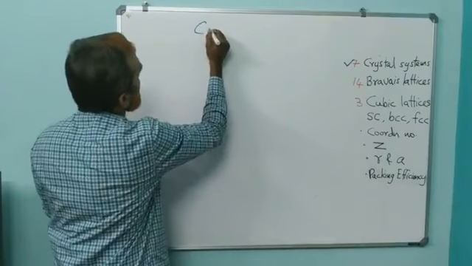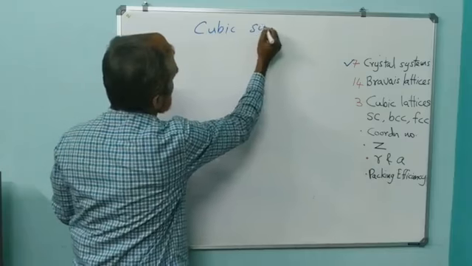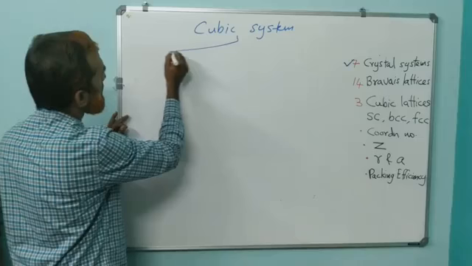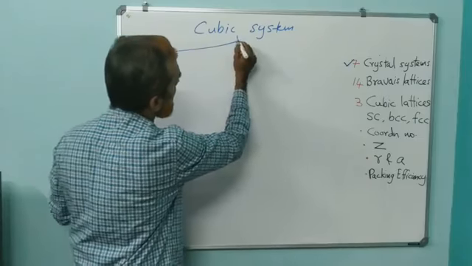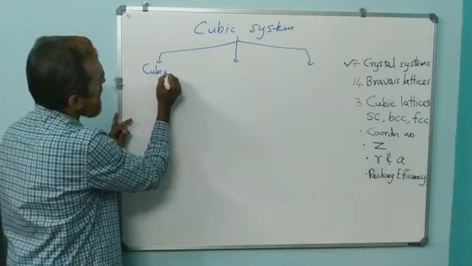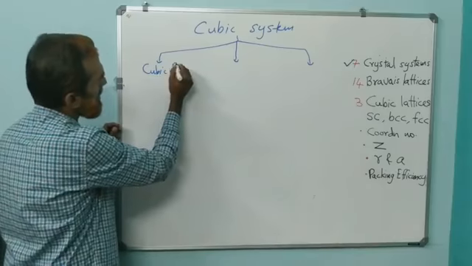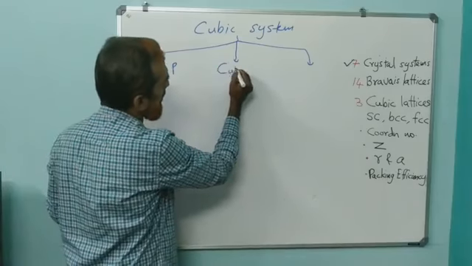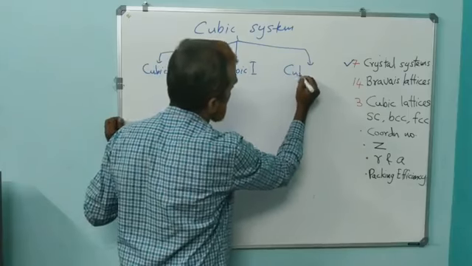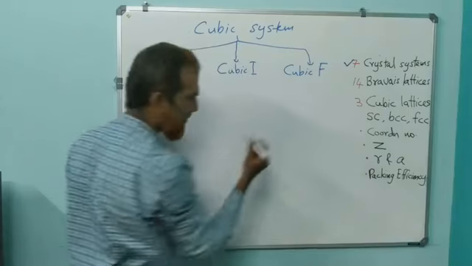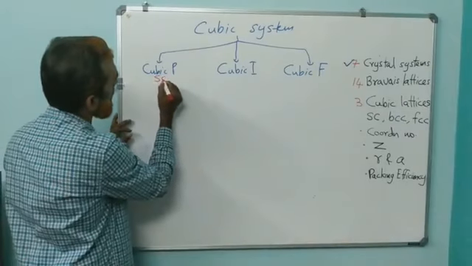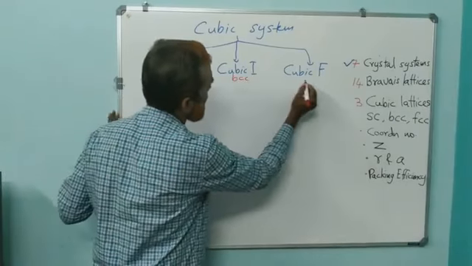So cubic lattices are of 3 types: primitive cubic or cubic P, body-centered cubic or cubic I, and face-centered cubic or cubic F. In common usage, we call them simple cubic, body-centered cubic and face-centered cubic.